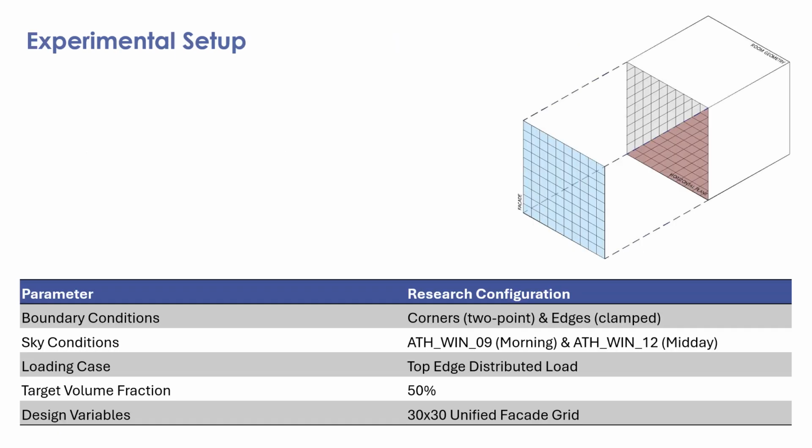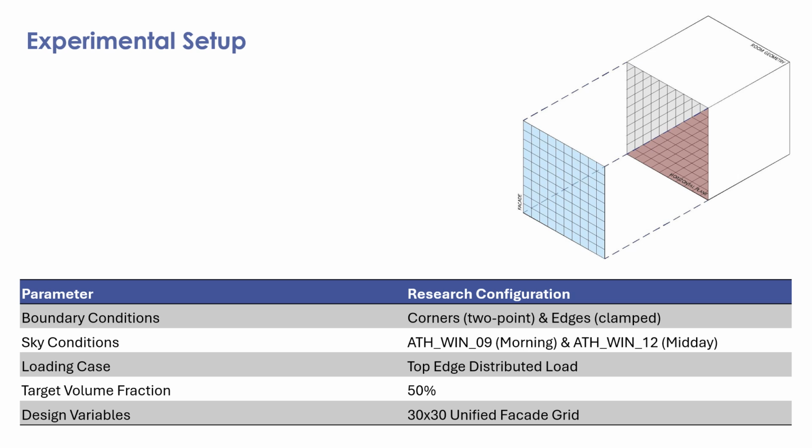To validate our coupled RDBSO framework, we applied it to a real-world architectural context: a south-facing facade located in Athens, Greece. Athens presents a highly demanding Mediterranean solar envelope characterized by intense direct daylighting and severe midday glare.